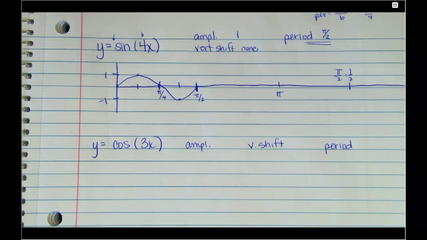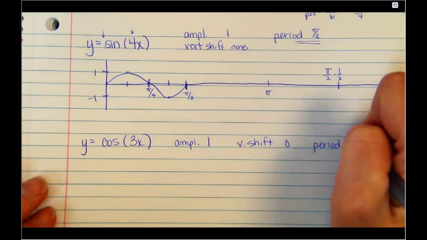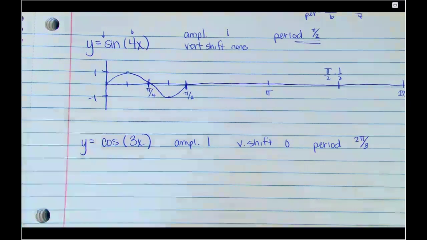What's the amplitude? 1. No question. Amplitude doesn't change because there's no A. What's the vertical shift? None, or 0. Now, what's the period? Yeah, 2 pi over 3. You don't even have to reduce. Fantastic.